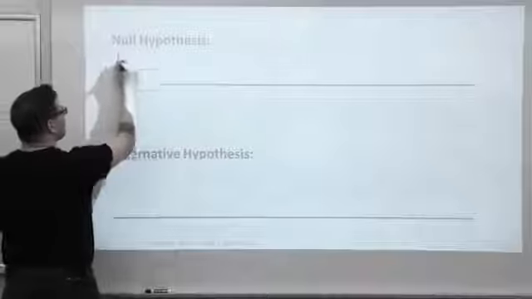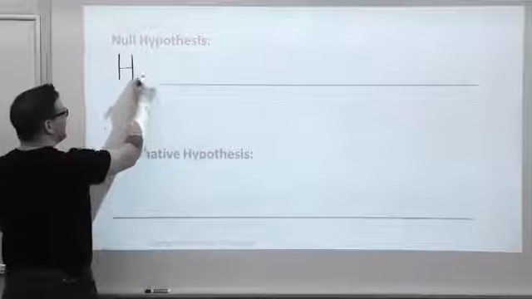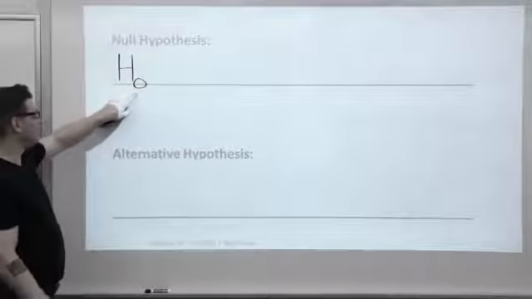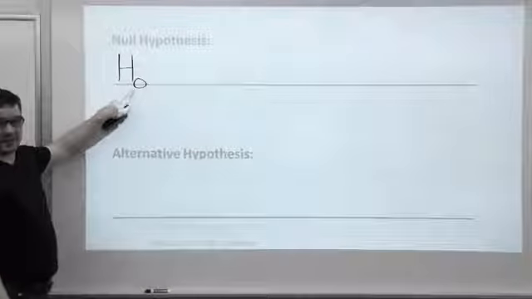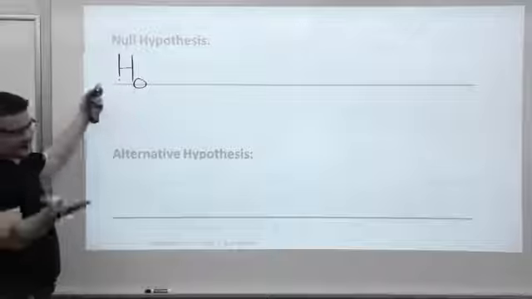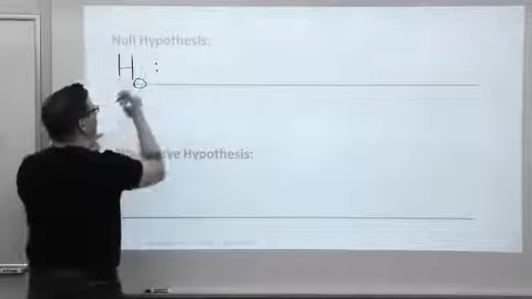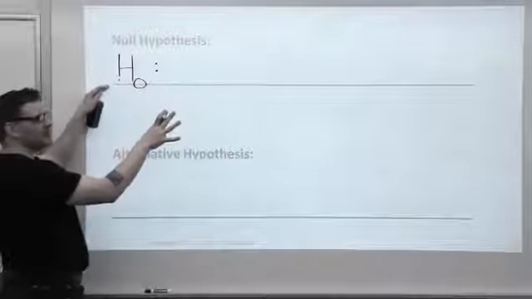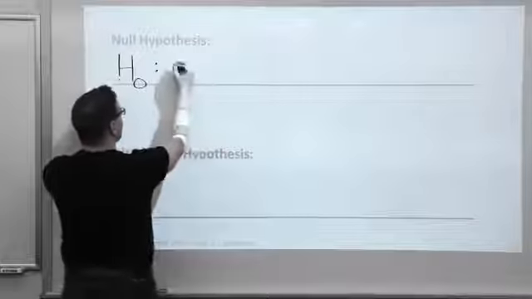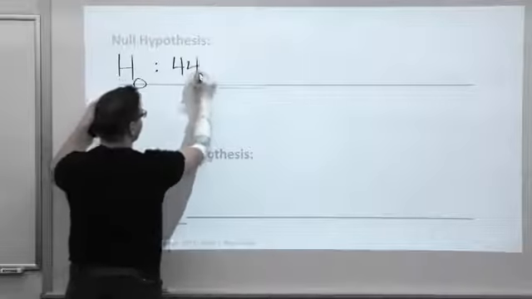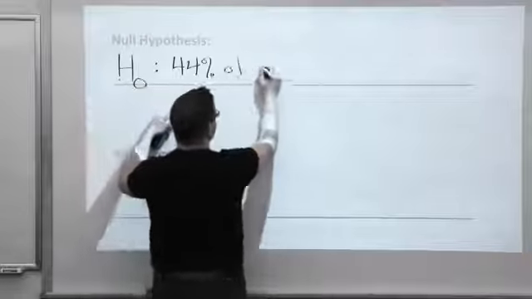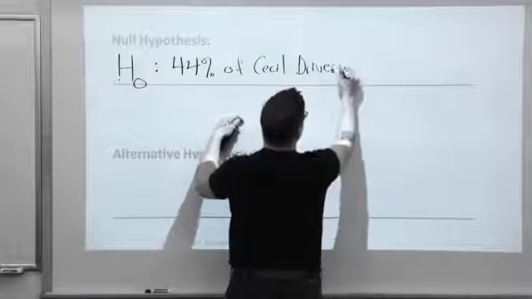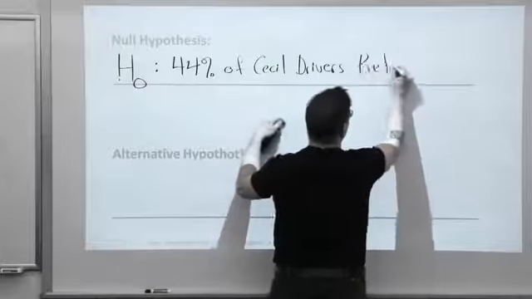All right, null hypothesis. Capital H, little subscript 0. This would be called the null hypothesis. You could say H sub 0, you could say H naught. Either's fine. This is the original assumption up top. So what am I going to say for the null? I'm assuming that 44% of Cecil drivers prefer large vehicles.